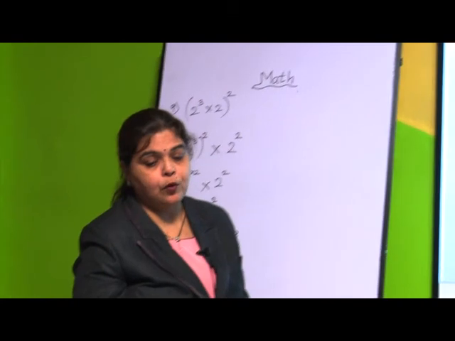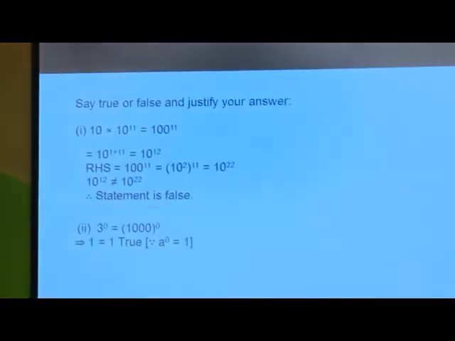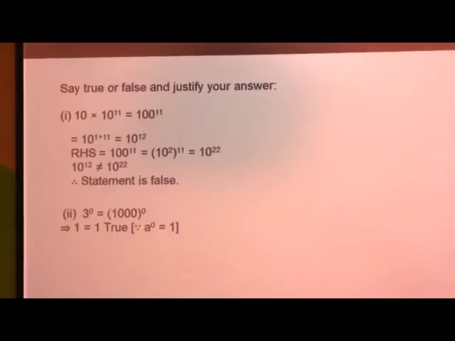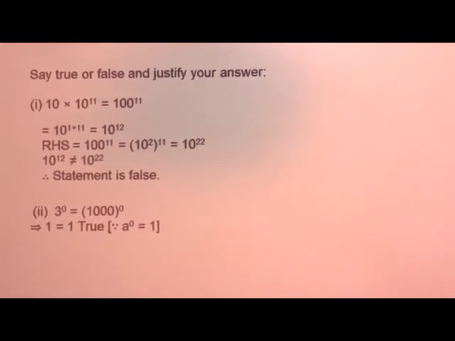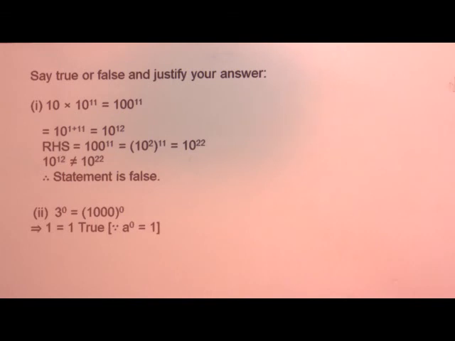Now, we will have some more examples: true or false, and justify your answers. Can we say directly it is true or false? No. So, first we have to see the base as well as its power. Here we have one example: 10 multiplied by 10 to the power 11, or we can say the 11th power of 10.